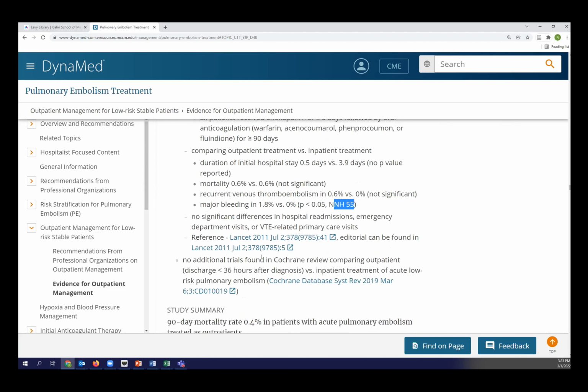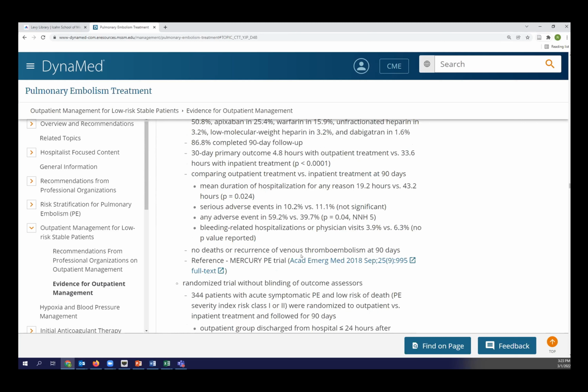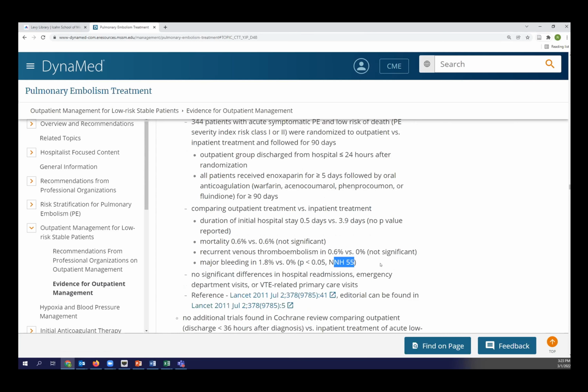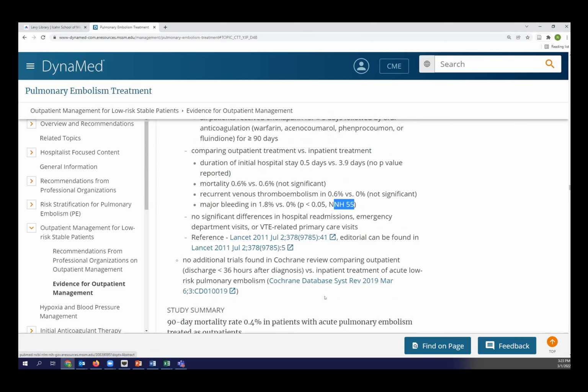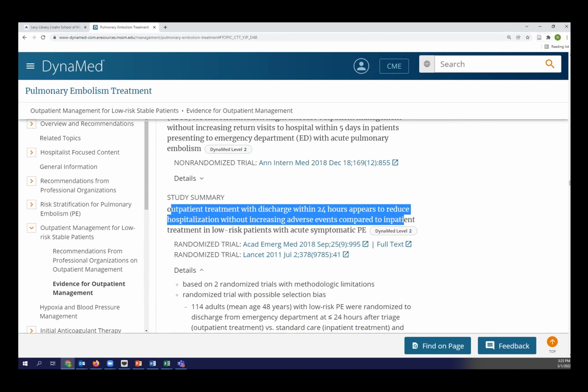And in this case, they say there are no additional trials found in a Cochrane review. So we now know that there are 2 RCTs, one from 2018, one from 2011, as well as a 2019 Cochrane review, all of which support our study headline. So that's the kind of information you can expect to find in Dynamed.